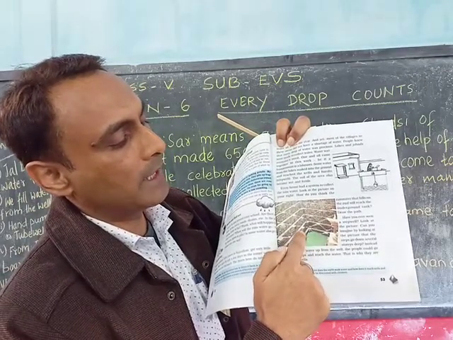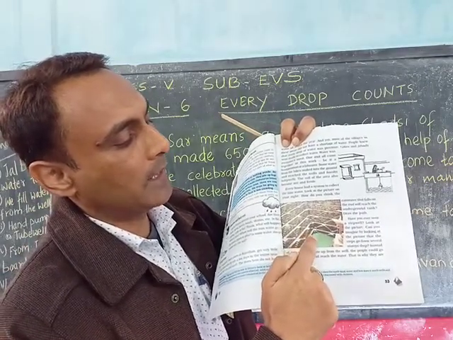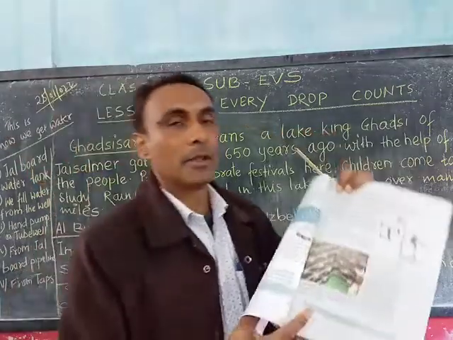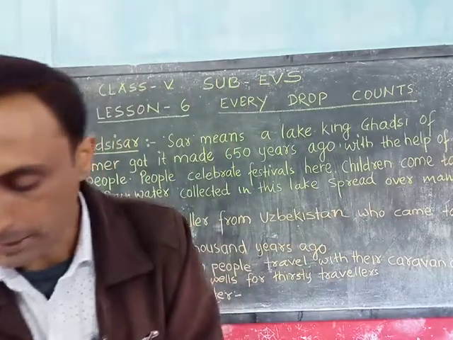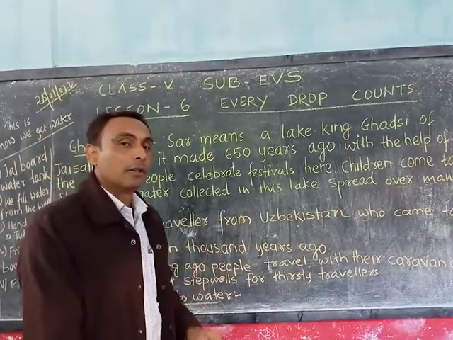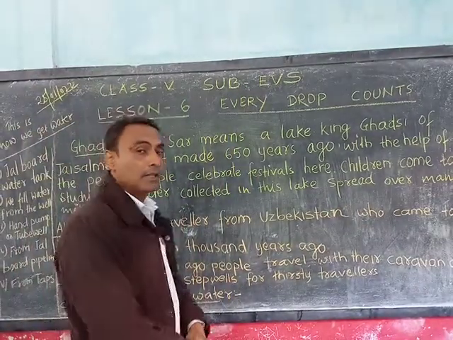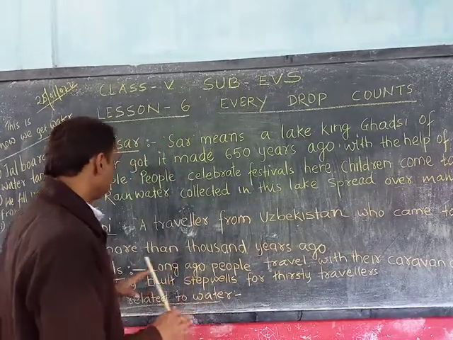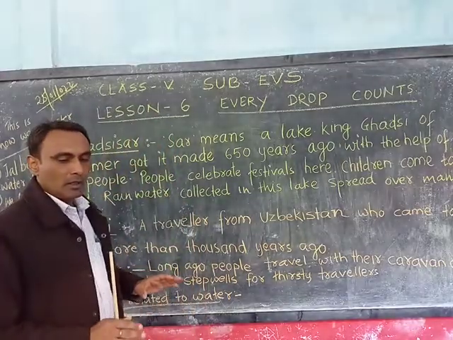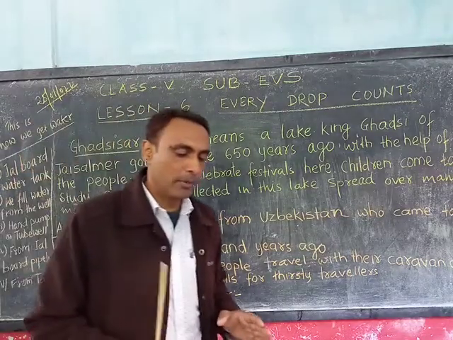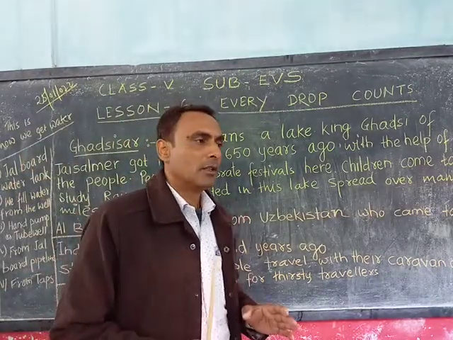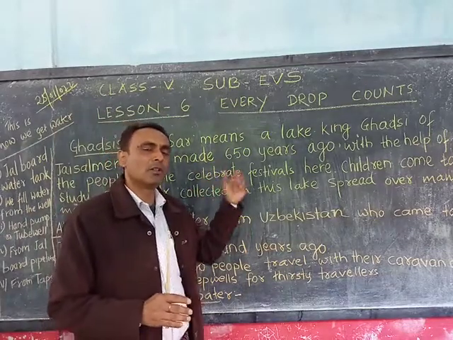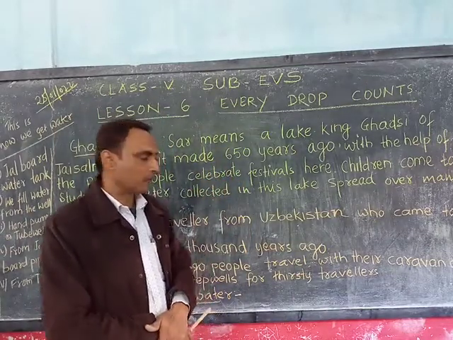Again, from the opposite side, what will happen when you get the water? You can come up from the steps. There were systems like that, and they used to get water. Step wells. That means what happened? Compared to the present day, the system of getting water was different long years ago.